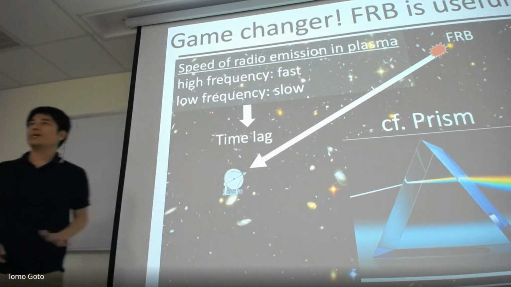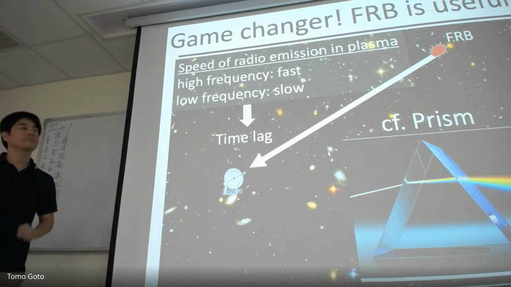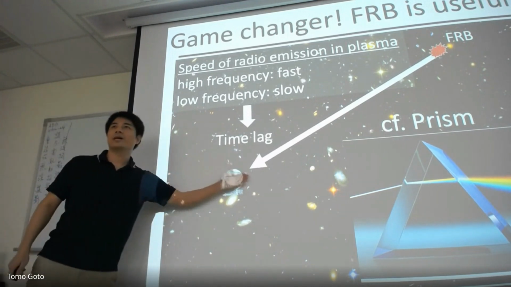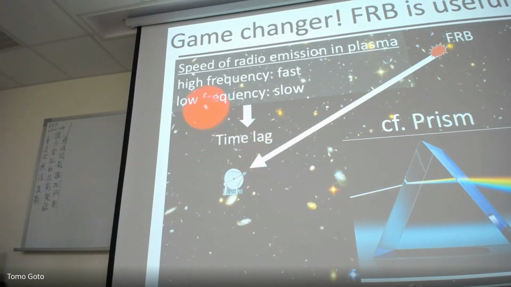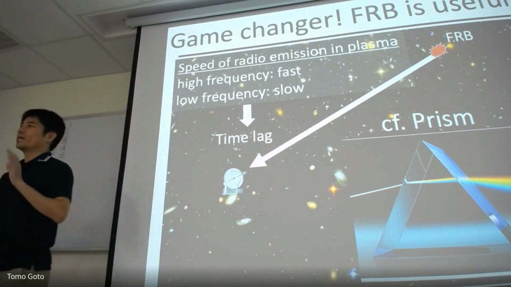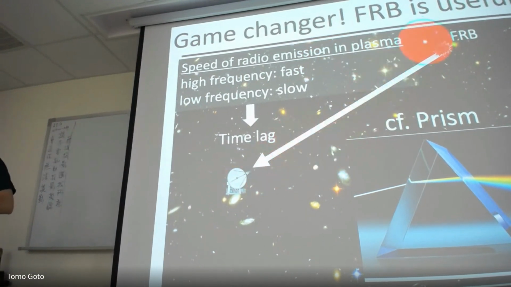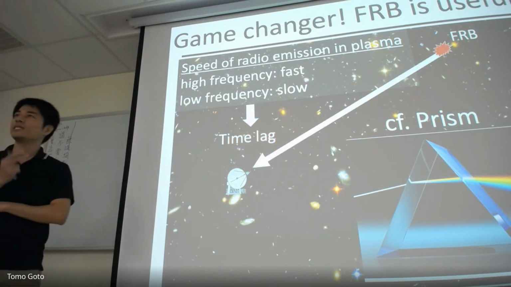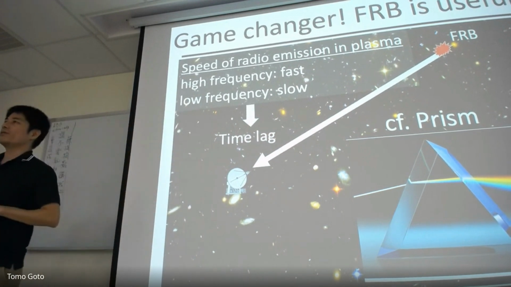If you have plasma, we now have a theory here, general physics. According to electromagnetism, the speed of radio emission can change within plasma. When radio emission propagates from here to there, it goes through plasma, and the speed of light inside plasma changes depending on the frequency of the radio emission.